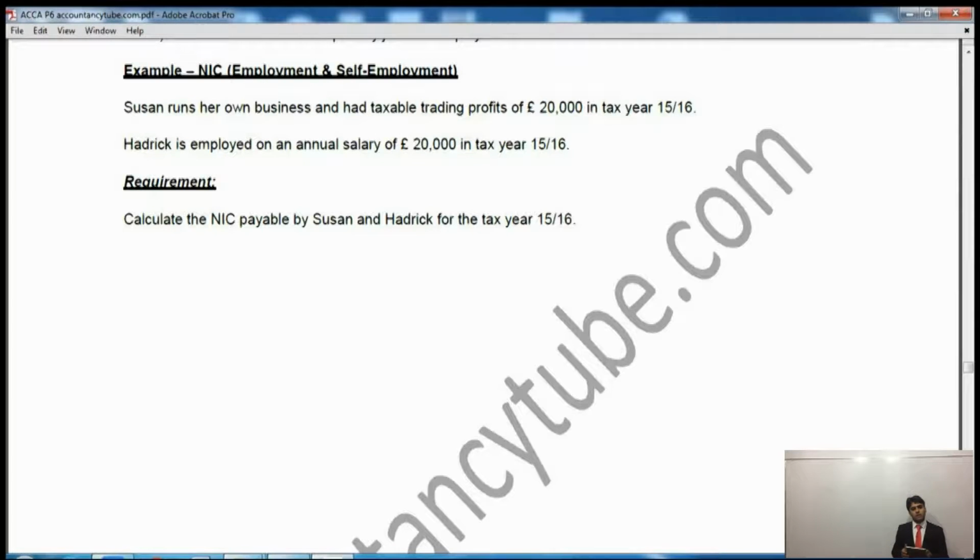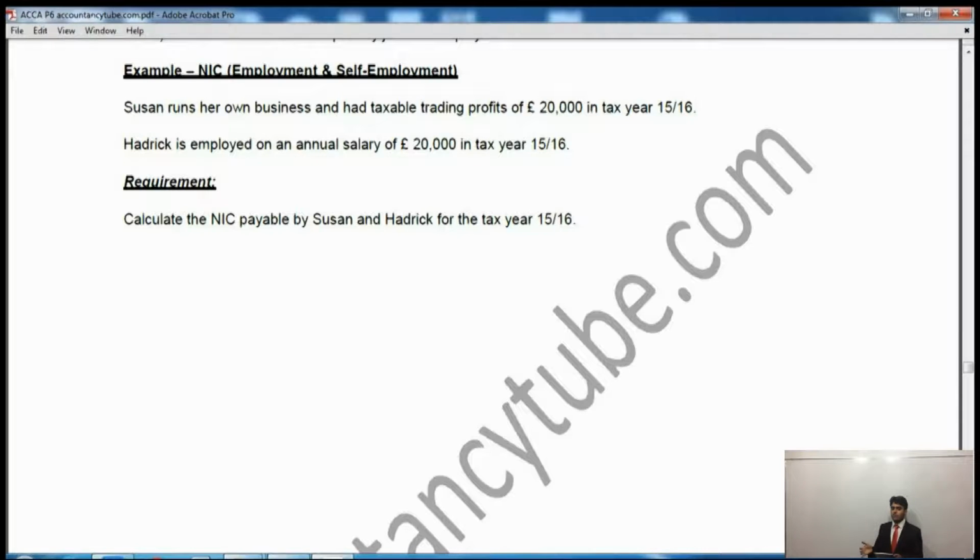Now in other cases as well, say for example if I'm working for AccountancyTube, and I am getting a salary, I will have to pay NI. Which NI? Class 1 NI on the salary.